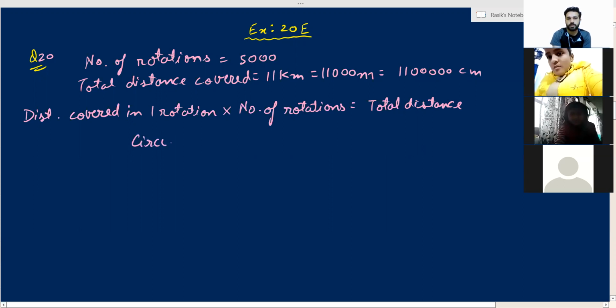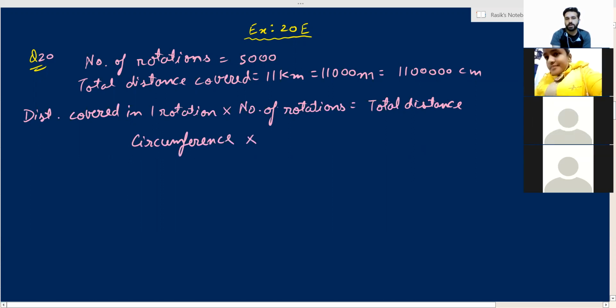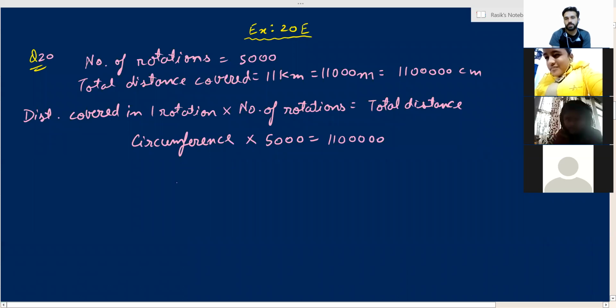Am I right? So circumference into number of rotations, given 5,000, equals the total distance covered, given 1,100,000. So what is the circumference?